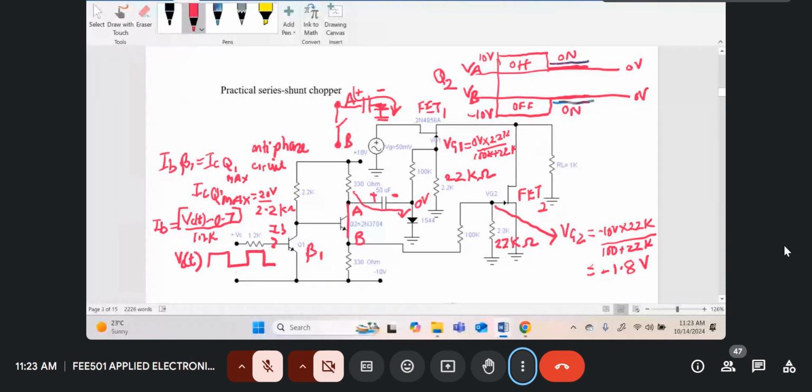Let me draw it over here. So this side is minus 10. This side is plus 10. We got 330, we got 330. So this is the point where the capacitor is connected to.